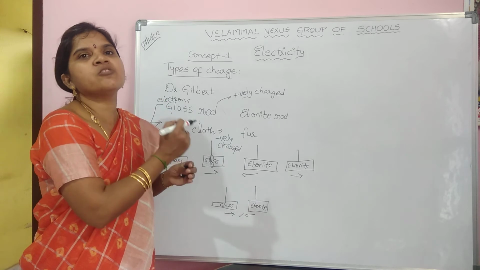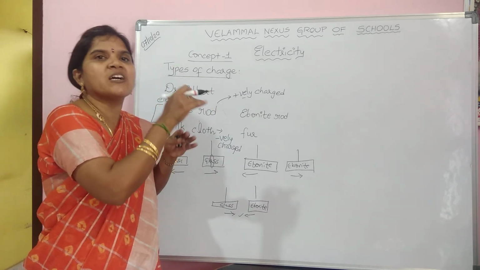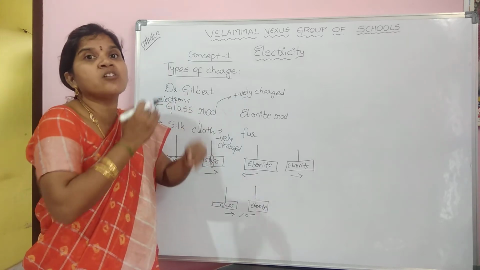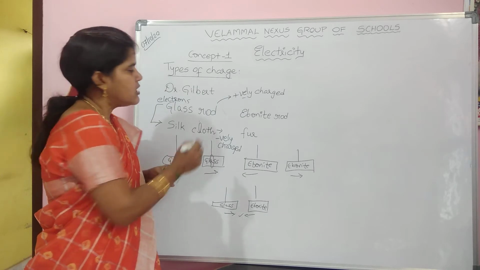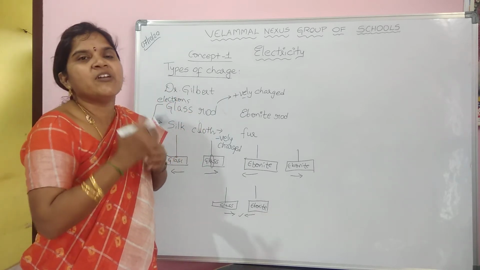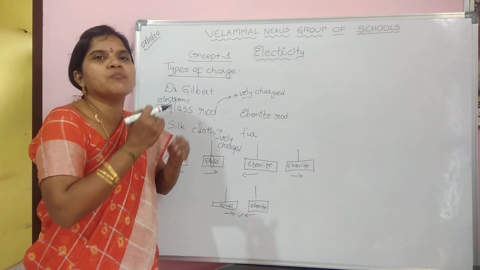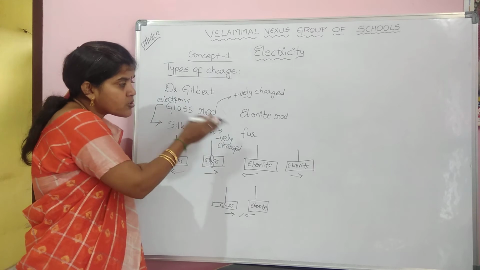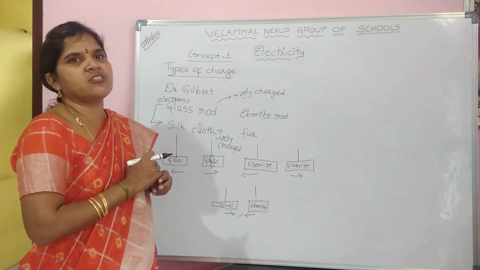Because compared with its protons, electrons will be less, as it lost some of the electrons, and hence it is positively charged. Now, when you take silk cloth, electrons are gained. When you compare its proton number and electron number with the previous case, extra electrons have joined in silk cloth, and hence it is negatively charged.